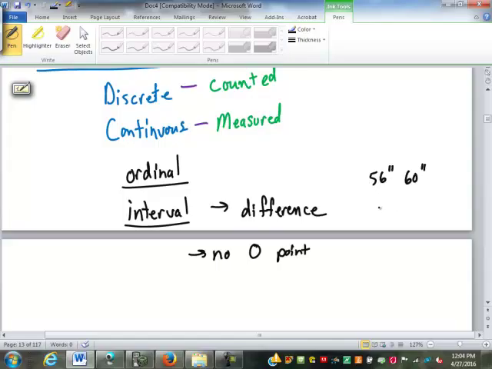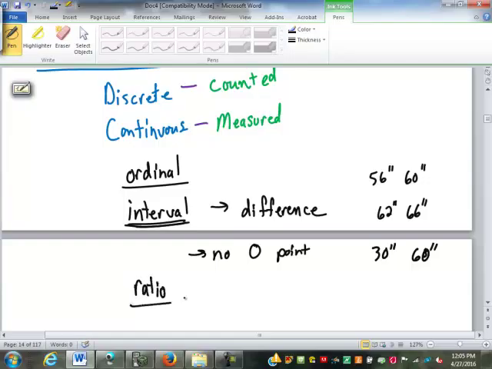But if you have another person who is 62 inches and someone who's 66, the 66-inch person is 4 inches taller. That 4-inch difference is the same no matter where along the scale it is. The intervals are meaningful. But you cannot take someone who's 30 inches tall and someone who's 60 inches tall and say they're twice as tall, because there's nobody out there who's 0 inches tall.